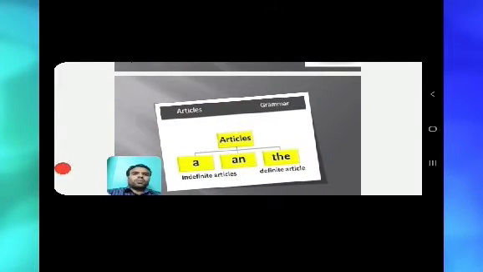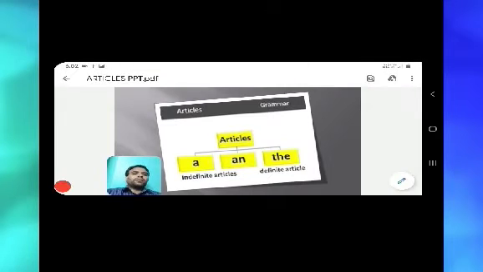As I have already told you, these are the three articles: a, an, and the. You can see here that a and an are categorized as indefinite articles and the is a definite article.